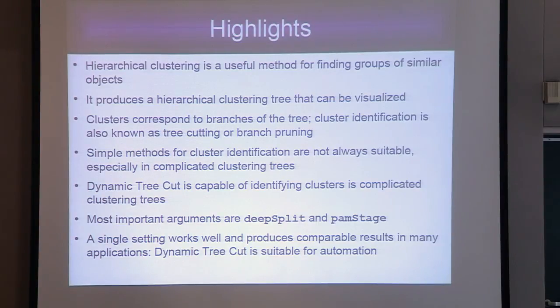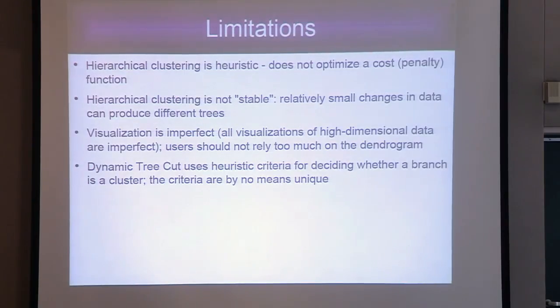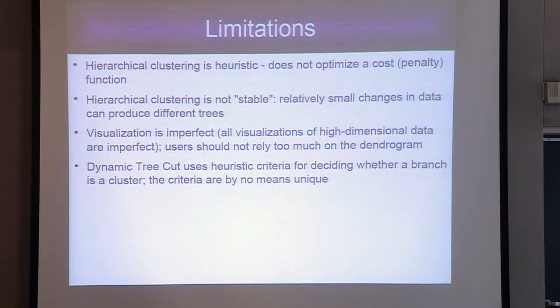It basically doesn't require you to very carefully draw lines for a hierarchical clustering dendrogram and then decide which line gives you the modules that you like. It also has limitations. Starting with the clustering itself, it is a heuristic method, so it does not optimize a cost or penalty function, which is something that some people hold against hierarchical clustering.